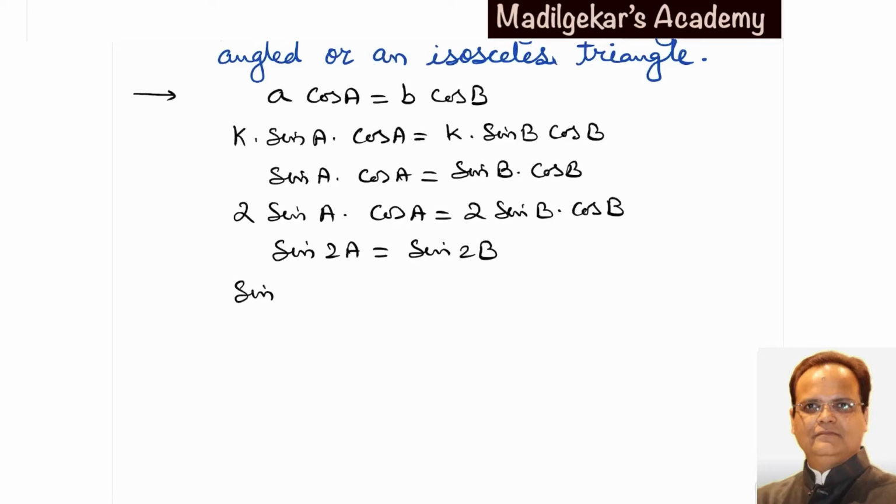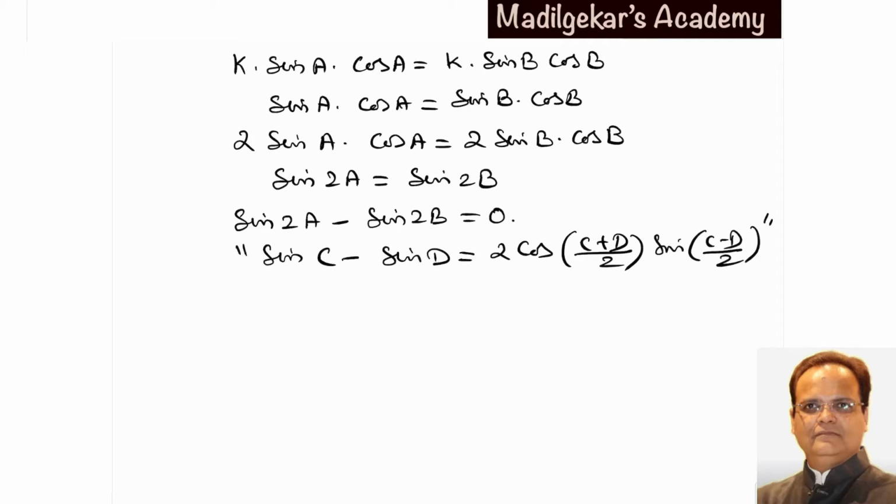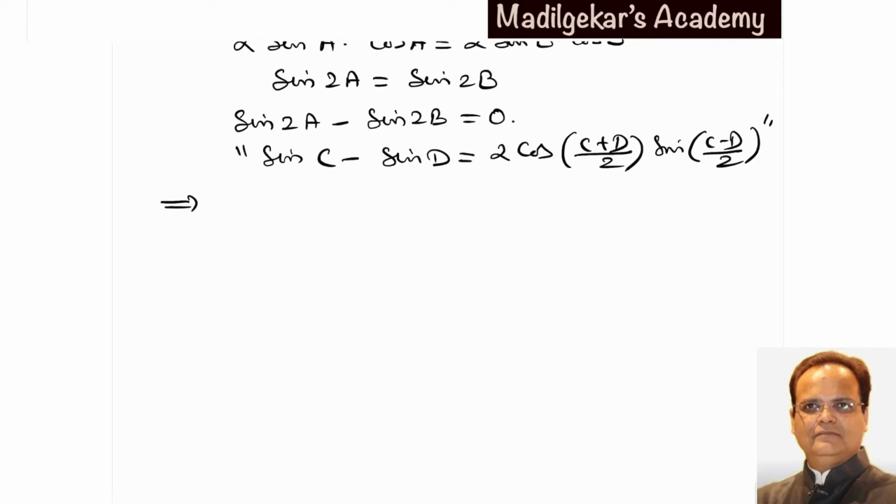In the next step, take sin 2B to the left side, equals 0. Further, we can apply the formula sin C minus sin D, which is 2 cos of (C plus D) by 2 into sin of (C minus D) by 2. So we have 2 cos of (2A plus 2B) upon 2, means A plus B, into sin of (2A minus 2B) upon 2, means A minus B, equals 0.